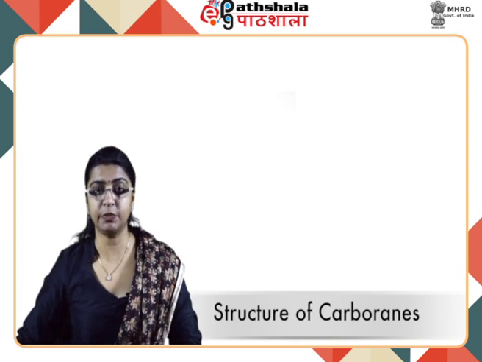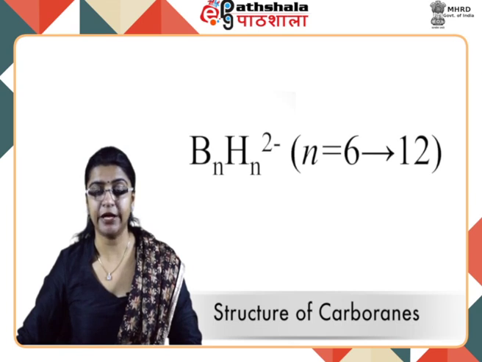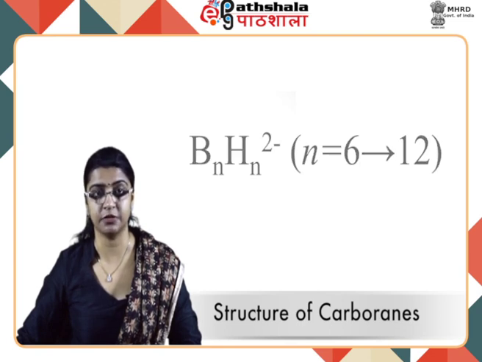Now, depending on their geometry, the carboranes are classified as closo, nido, arachno, hypo, and conjuncto. Let us see one by one what these geometries are. The closo structures, which represent closed polyhedra, are adopted by borane anions having a general formula BnHn2-, where n can range from 6 to 12 atoms.